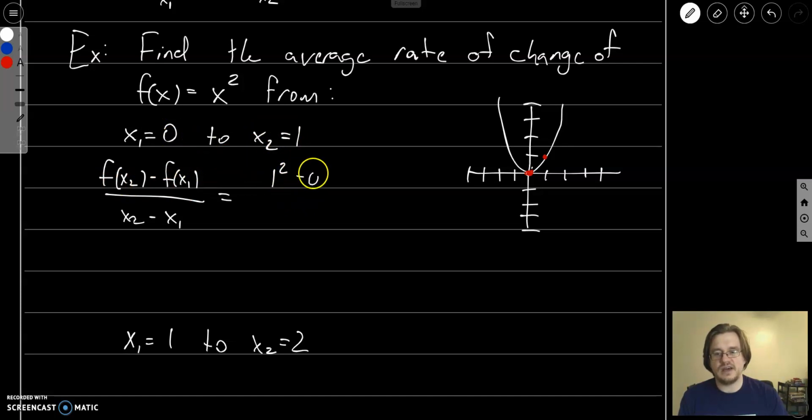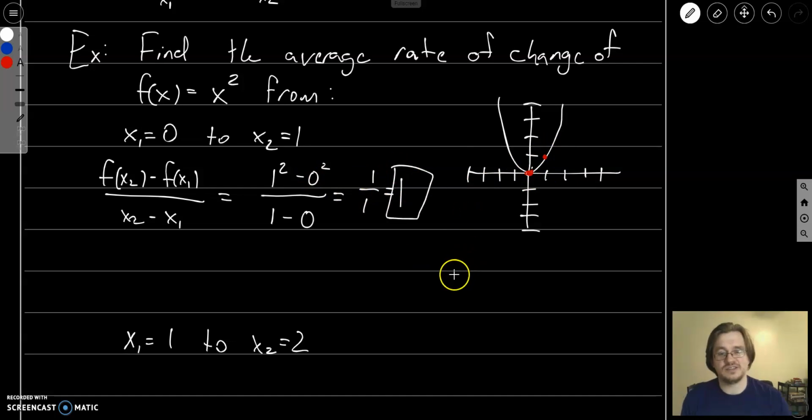At 0, the height is 0 squared. x2 is 1, x1 is 0. So we're going from 0 to 1, and from height 0 to height 1, so the rate of change is just the number 1. When we look at this line, yes, the slope of that line going straight up is 1.